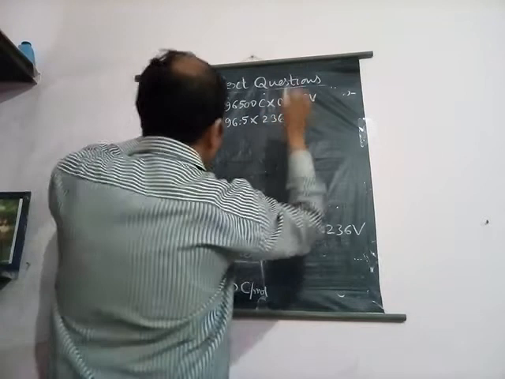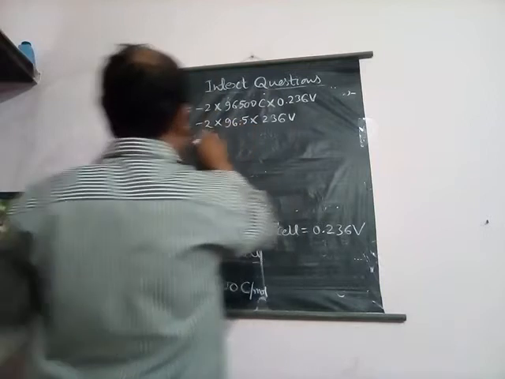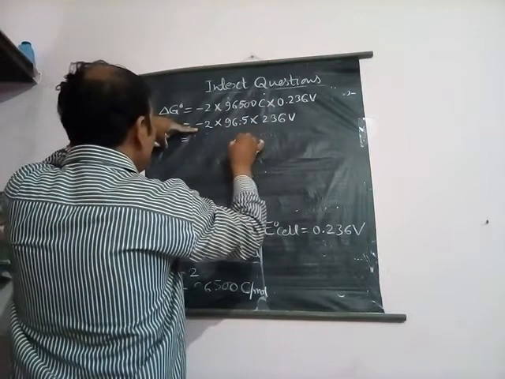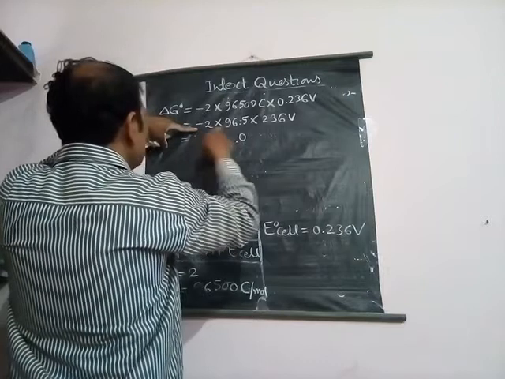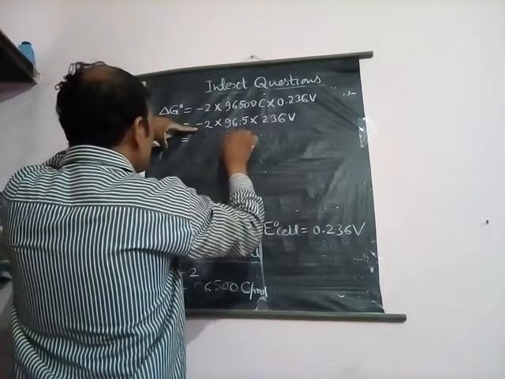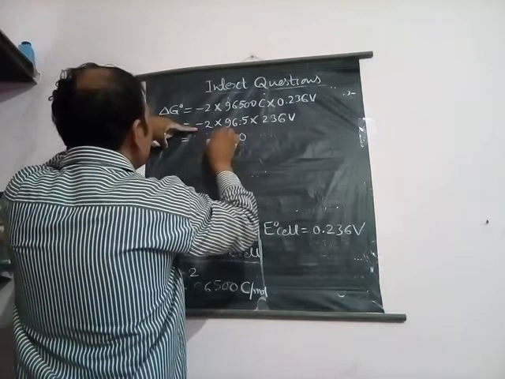Now if you multiply, 2 times 5 is 10, 0 carry 1, 2 times 6 is 12, plus 1 is 13, 3 carry 1, 2 times 9 is 18, plus 1 is 19.